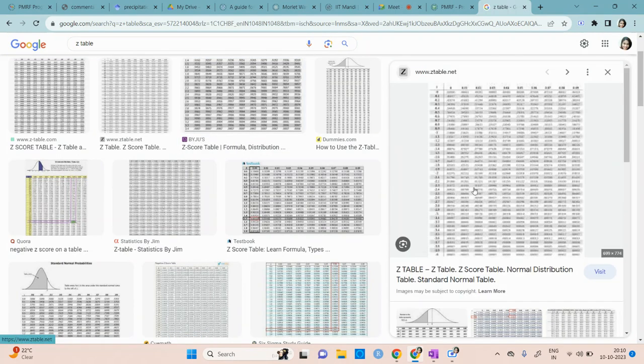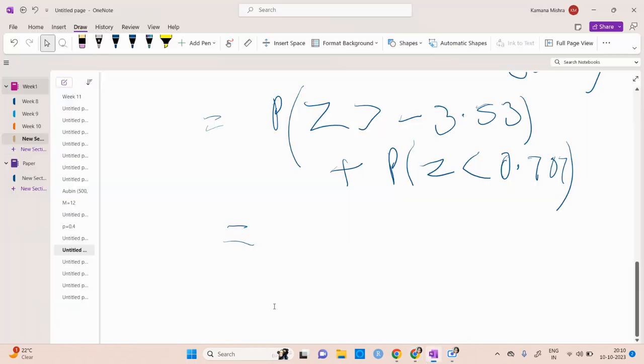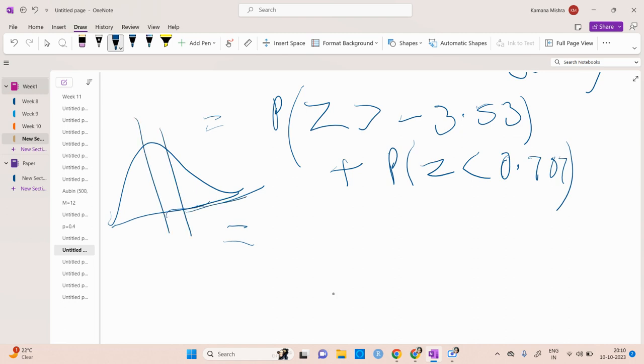So z less than 0.707: on this side of 0 it is 0.5, so if it is less than this, it must be 0.2420 plus 0.5, and the other one will be 0.004.